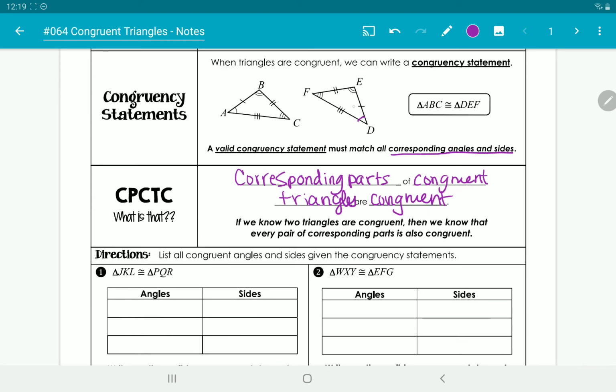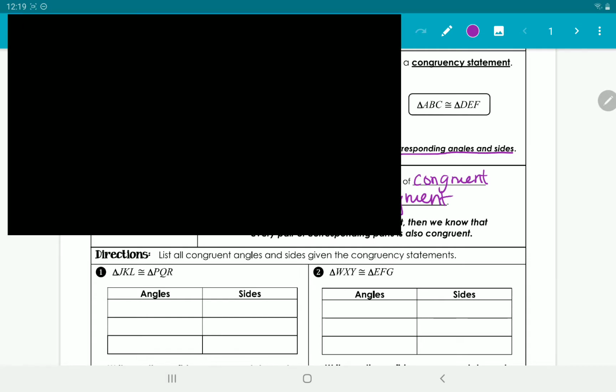If you have two congruent triangles, the corresponding parts are congruent. So A and D, those angles correspond to one another. They are congruent, so they're the same measure. AB, so this side has one tick mark, is the same as ED, so those correspond to one another. They're congruent, or they're the same length. Okay?